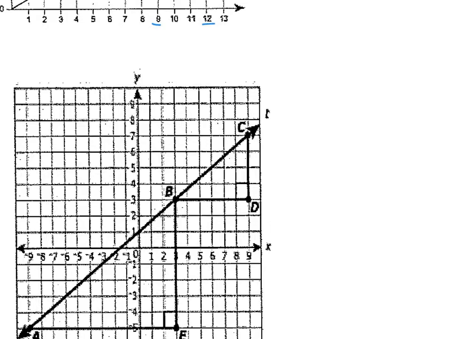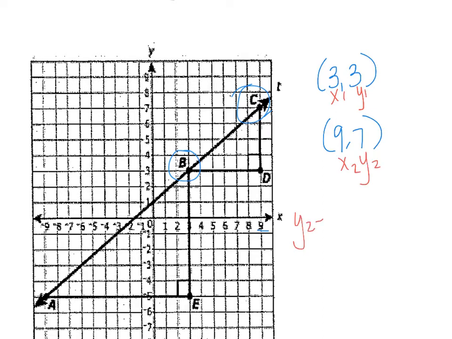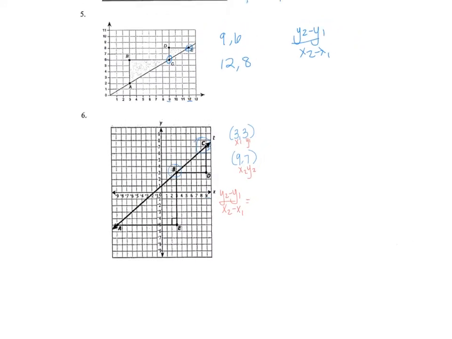Yep, same thing on this one. You can use B and you can use C. That would be the best ones to use. So B is at 3, 3, and C is at 9 and 7. So however you want, X, Y, X, Y, that can be 1s, that can be 2s. Plug them into your formula, and that will give you your slope.